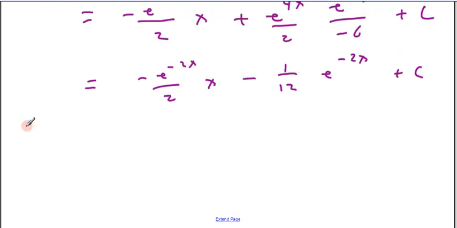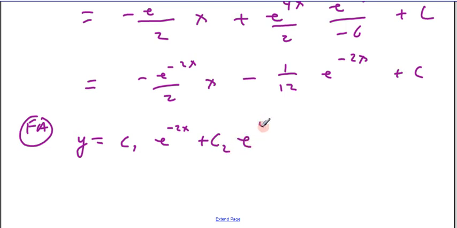Okay, final answer. y is equal to C1 e to the minus 2x plus C2 e to the 4x minus e to the minus 2x over 2x minus e to the minus 2x over 12.